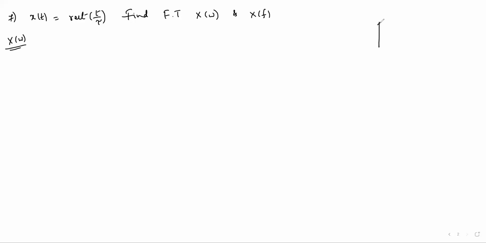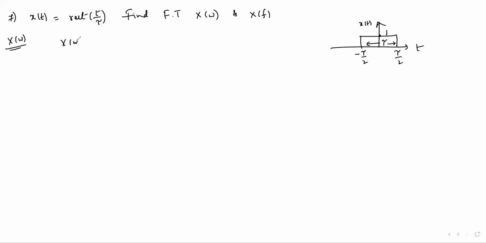First, x of omega: let us find the Fourier transform for the rectangular function. What is the function given? The rectangular function. The width of the function is tau. The pulse width is tau, which means, because of symmetry, it goes from minus tau by 2 to plus tau by 2. The amplitude is 1. This is the given function x of t. So for this, what is the Fourier transform x of omega?